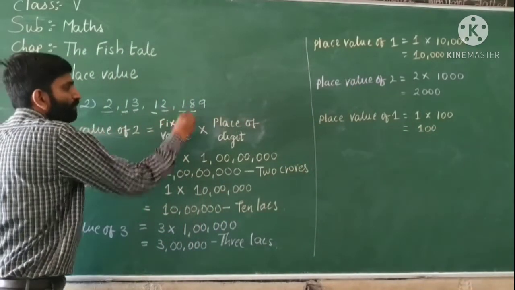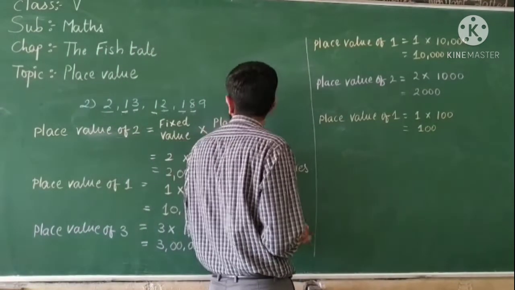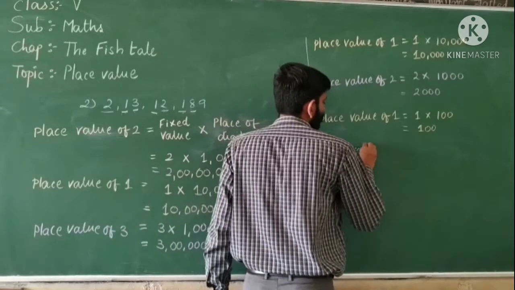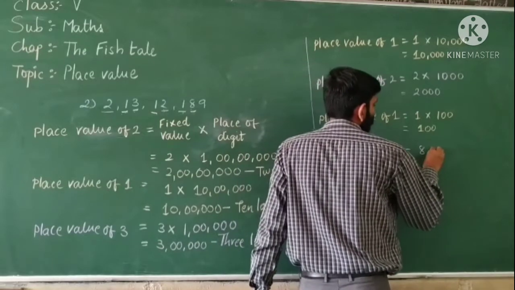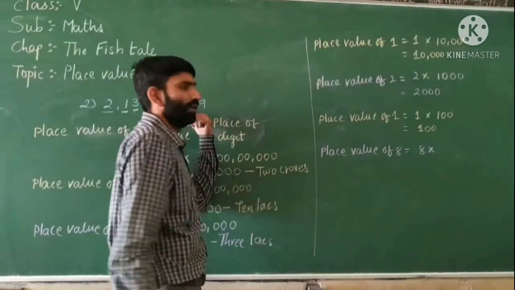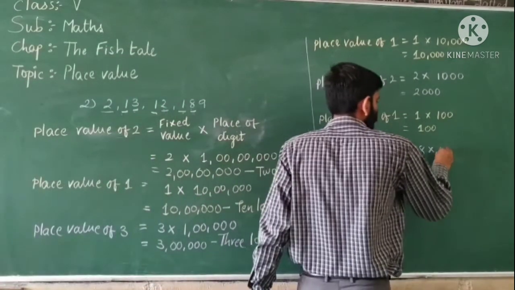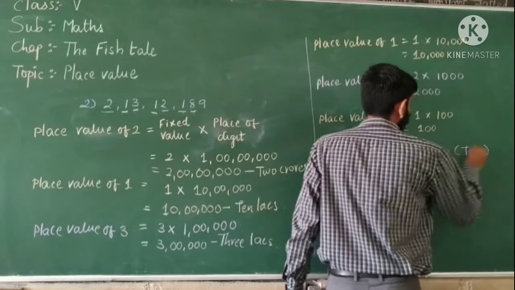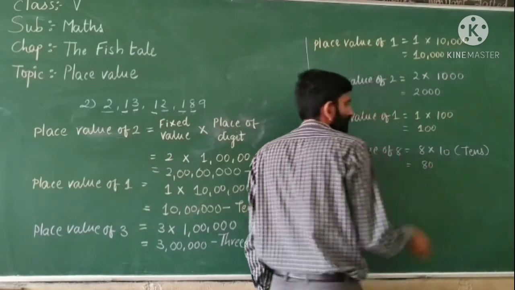Now we will find out the place value of the next number, that is 8. 8 into the place of the digit: ones and tens. It is tens. 8 tens are 80.